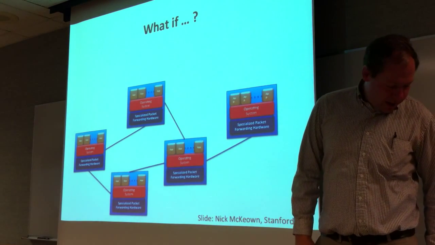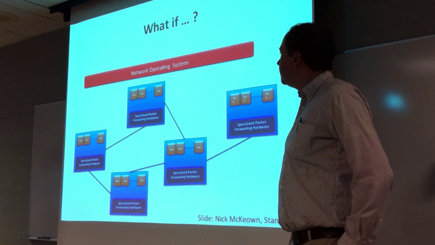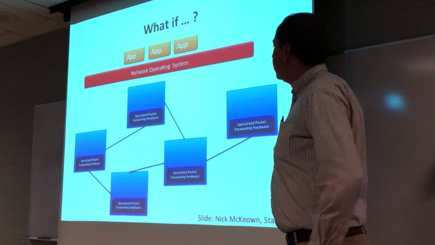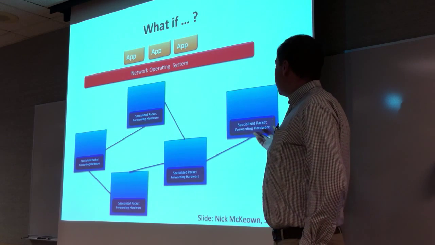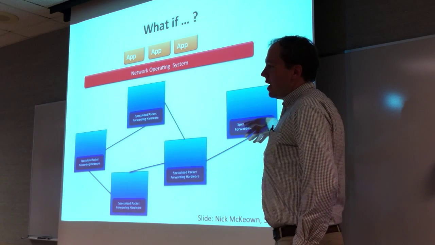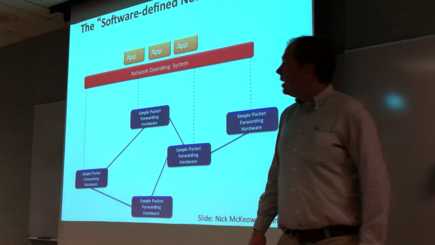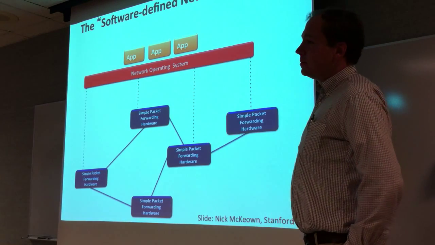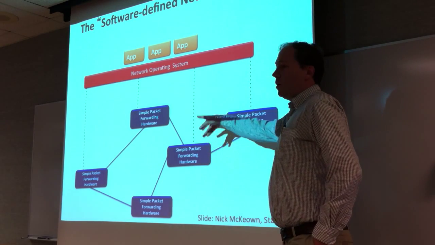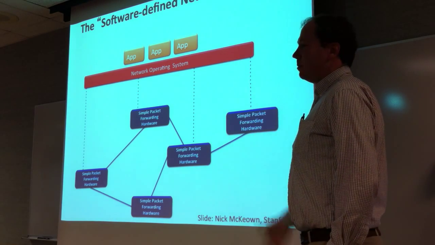Some guys at Stanford had an idea, and that was to take the operating system out of there, and run the applications we talked about out of there, until you have nothing left but packet forwarding devices, boxes that contain network interfaces and nothing else. That is what a software-defined network is. Suddenly you don't really care whether this is a Cisco or whether you got it from Walmart.